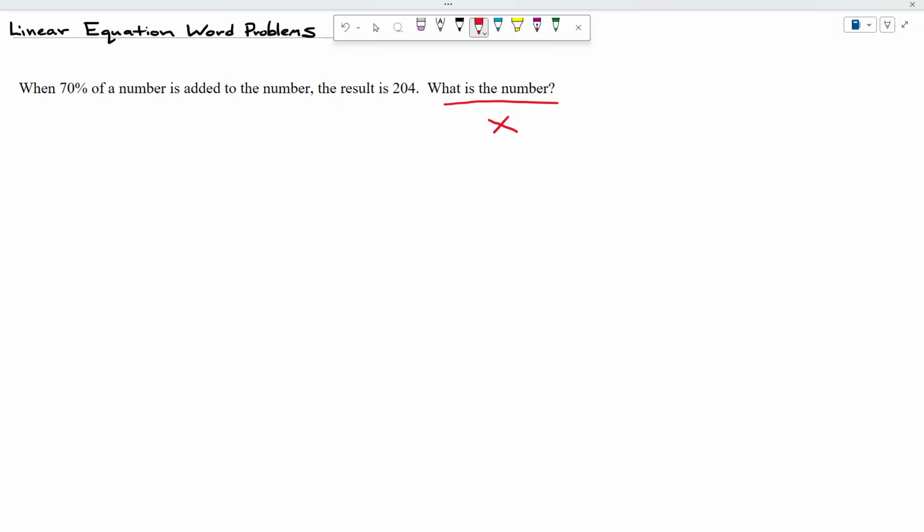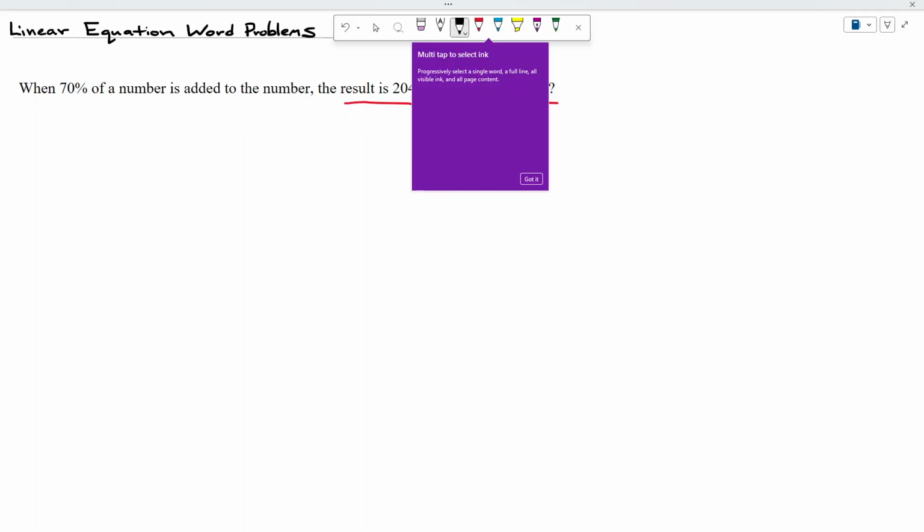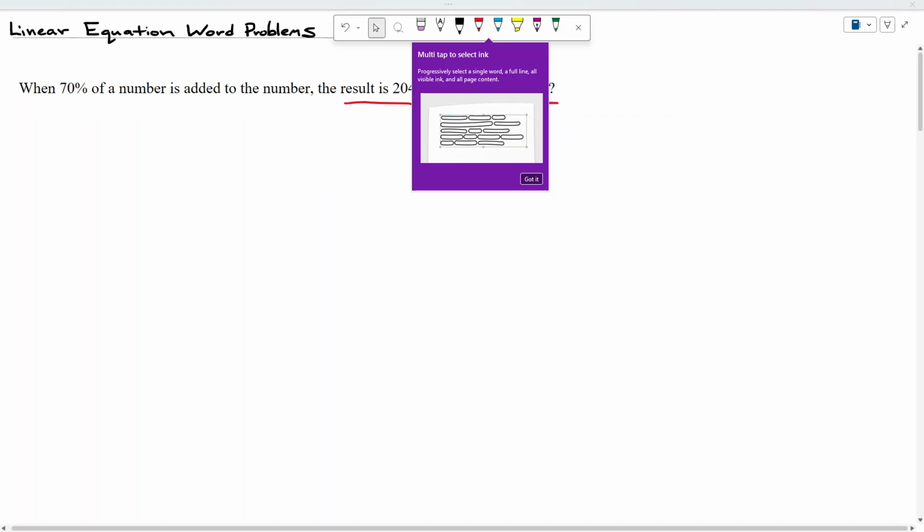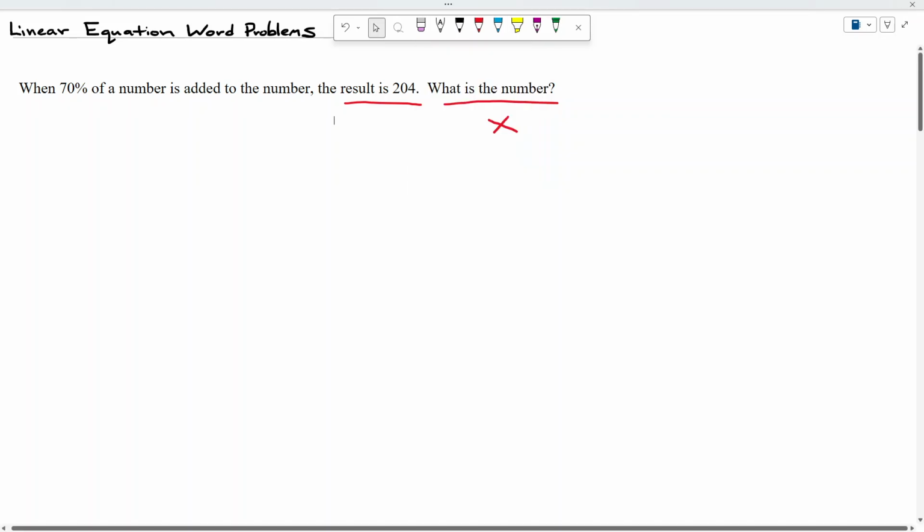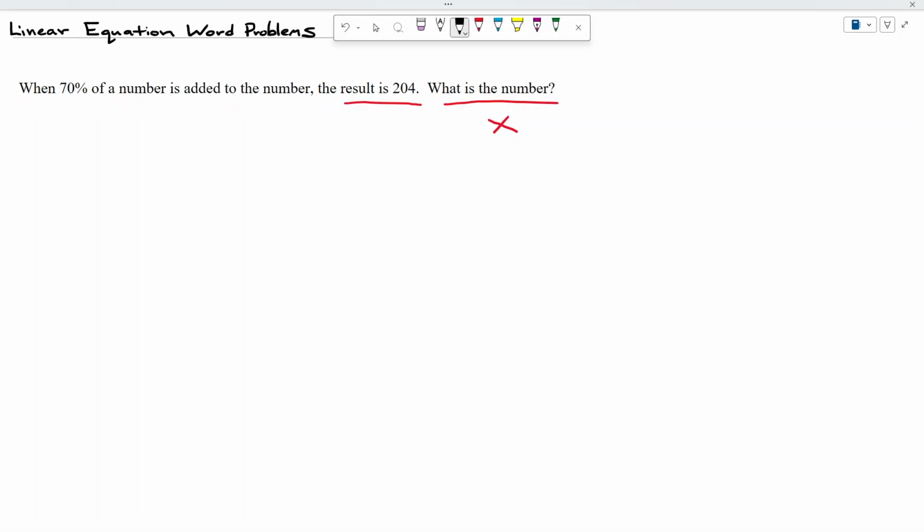And then it's telling us the result is 204. So we could start off our equation right now and set it equal to 204.